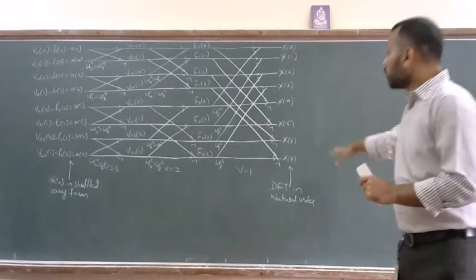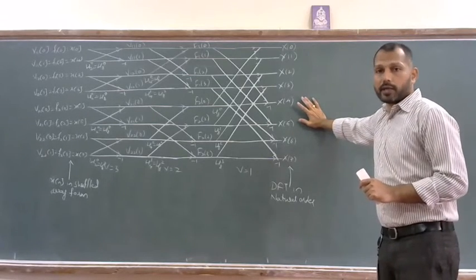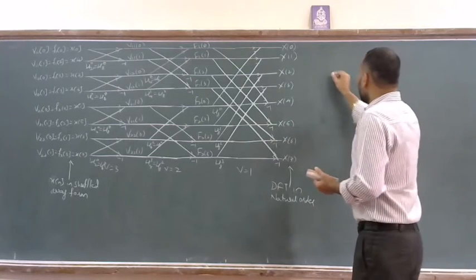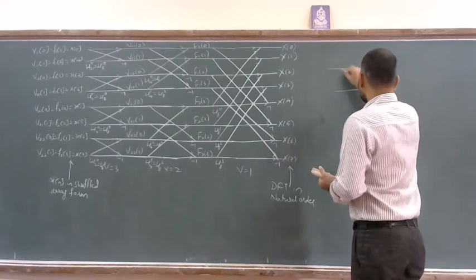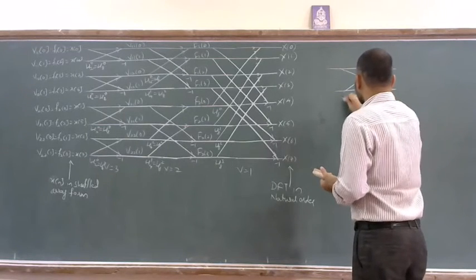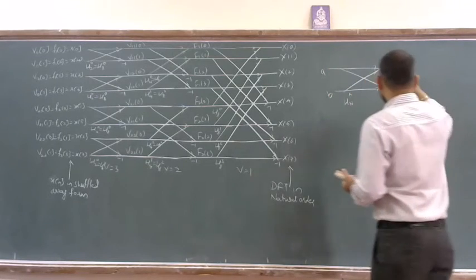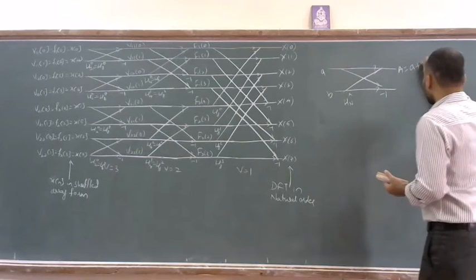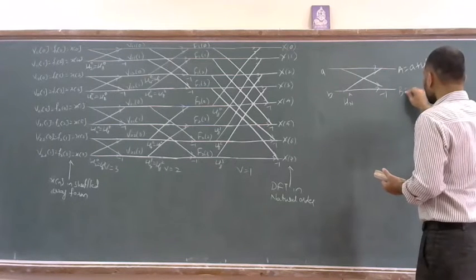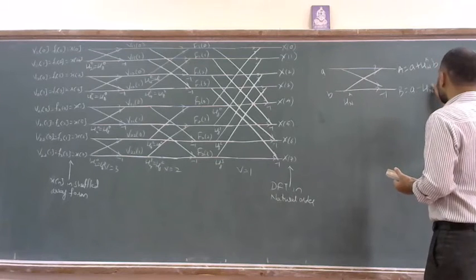Because they are implemented in the computer system, what is the memory requirement and how are computations carried out? For each stage, this is the generalized butterfly structure. Capital A will be A plus W_N^r into B, and capital B will be A minus W_N^r into B.